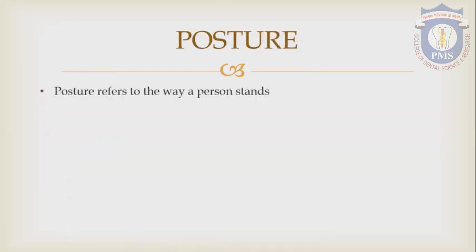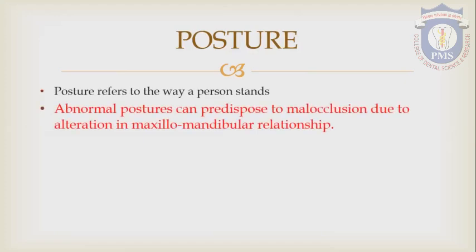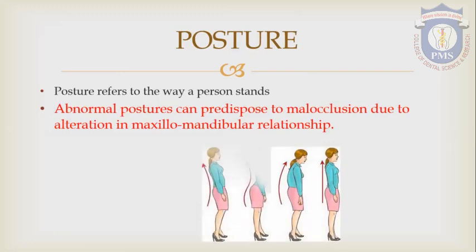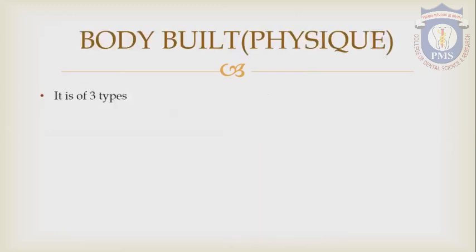Now, posture. Posture refers to the way a person stands. Abnormal postures can predispose to malocclusion due to alteration in maxillomandibular relationships. So, upright posture is most ideal, and we should assess the kind of posture that a patient has. Now, the body build, that is the physique.